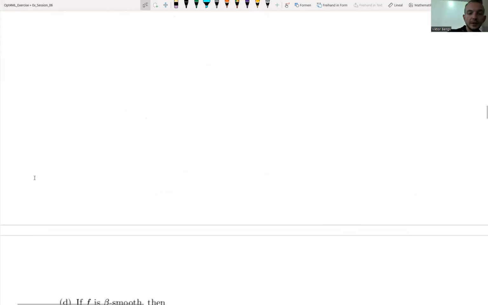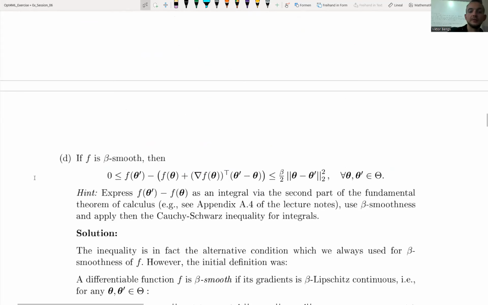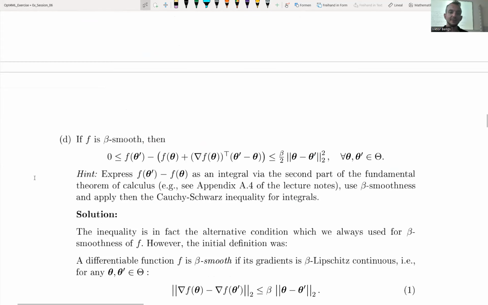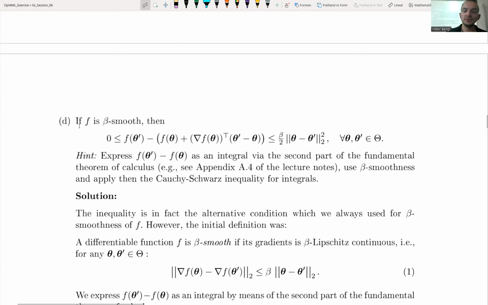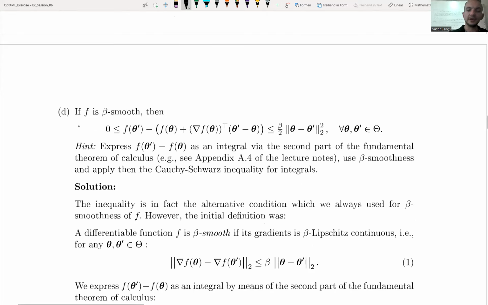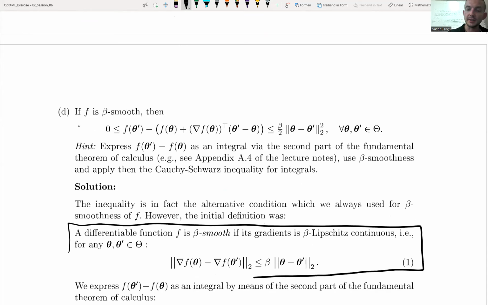Okay, then comes the toughest exercise on this exercise sheet. This is why we also have here a hint how to proceed with this. So in fact, beta smoothness is defined for a differentiable function, as I just said.